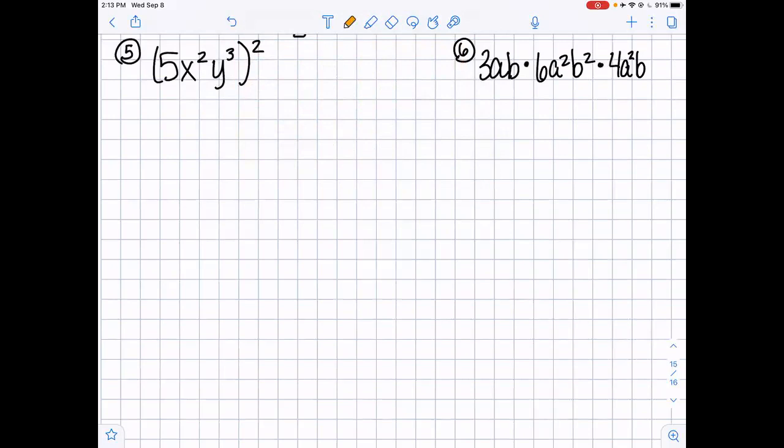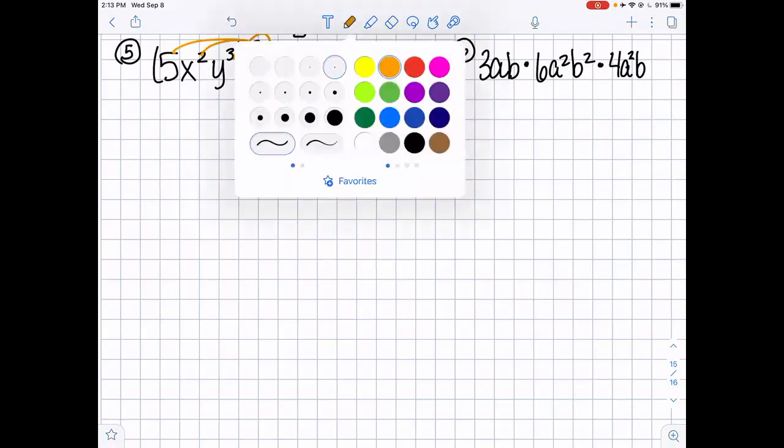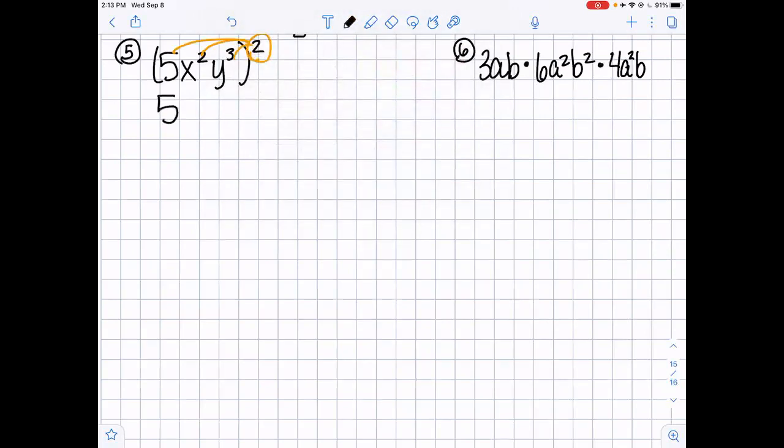Can anybody figure out number 5? I think so. Christy, what you got? Okay, this 2 has to go with each one of these things separately. So 5 to the second power, x to the second times 2, y to the third times 2.